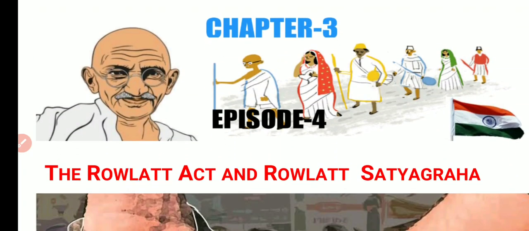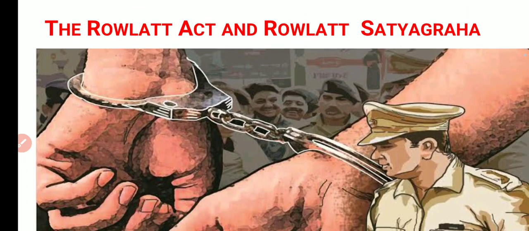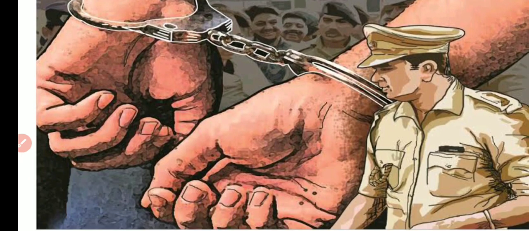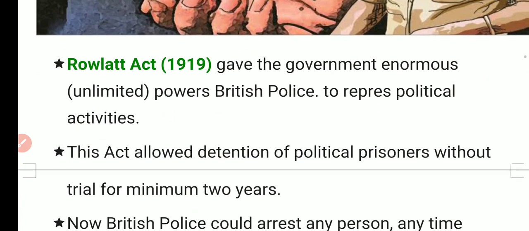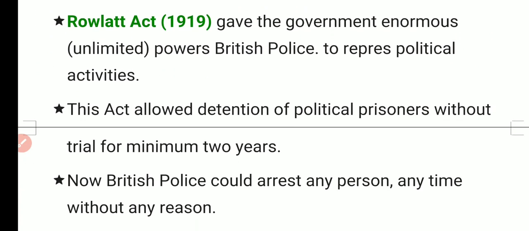Let's begin with the Rowlatt Act and the Rowlatt Satyagraha. The Rowlatt Act was passed by the British government in 1919. First of all, we would like to discuss why it was passed. As we have discussed earlier, the people were not satisfied with the British government after the end of the First World War.